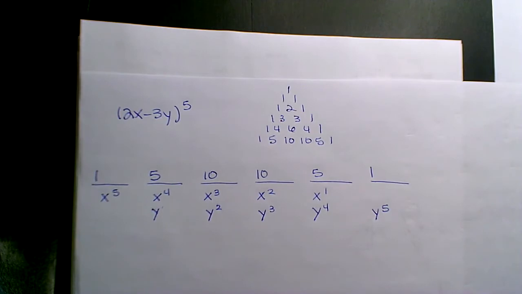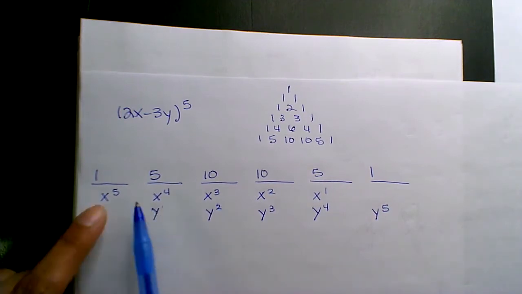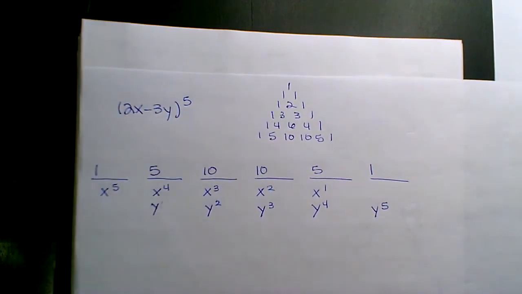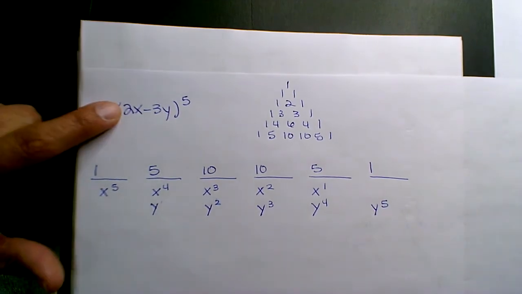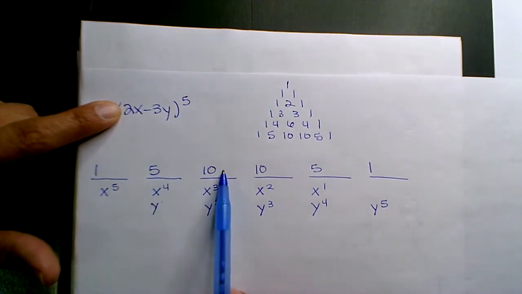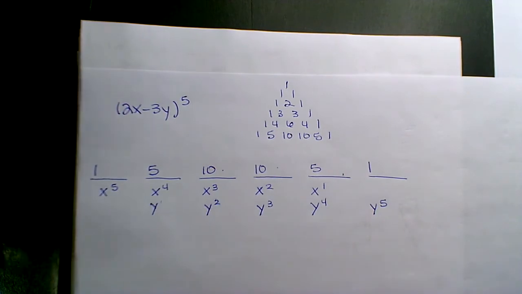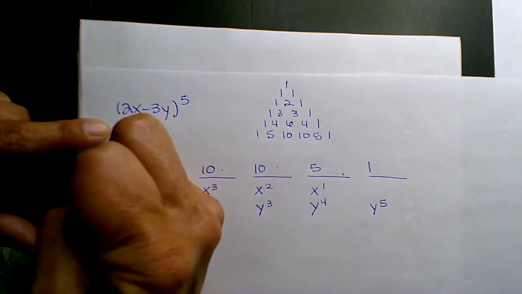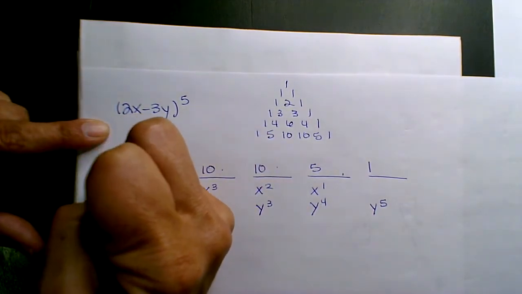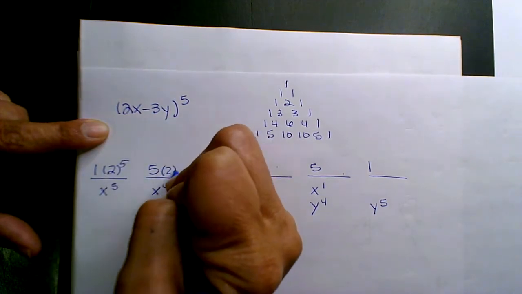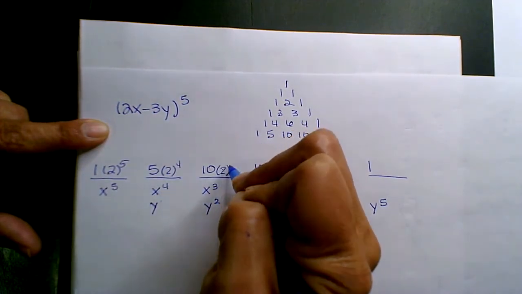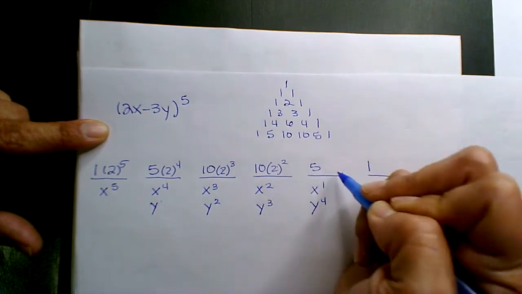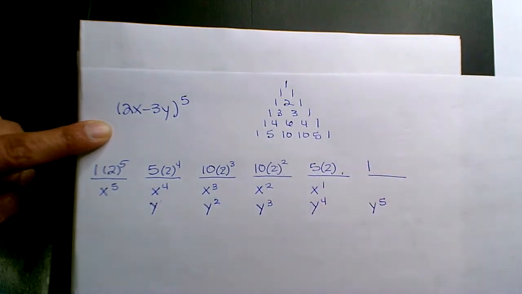Okay, now we're on the coefficients. Easy, you guys. If you can do the variables, you can do the coefficients. So 2 to the 5th, 2 to the 4, 2 to the 3, 2 to the 2, 2 to the 1. I'm messing up. Okay, 2 to the 5th power, 2 to the 4th power, 2 to the 3rd, 2 squared, 2 to the 1, and then no 2.